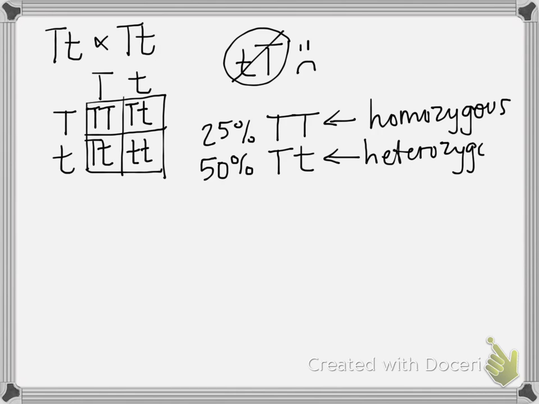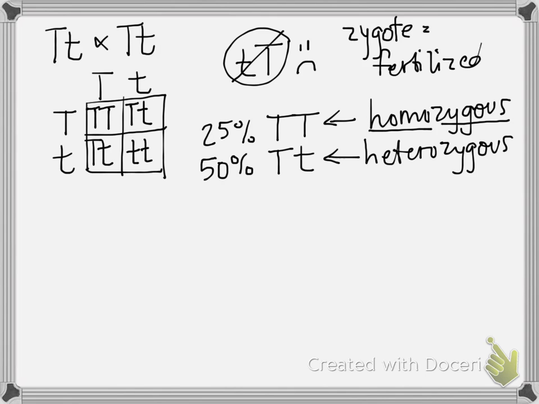And what this word really means is same within the zygote. Same in the egg, or same in the new individual. Remember, a zygote is a fertilized egg. Let's write that down. Zygote, fertilized egg. And remember that a fertilized egg is a new individual. It's the offspring of the two parents.